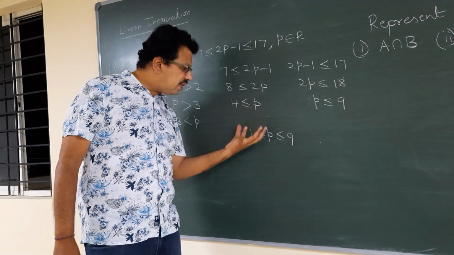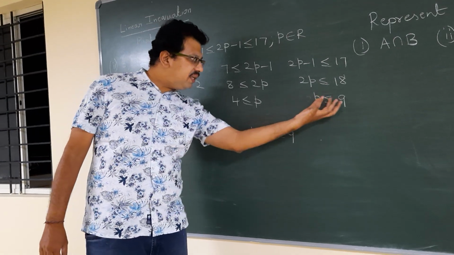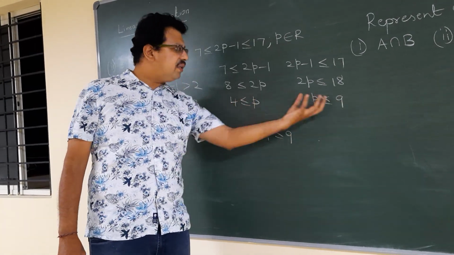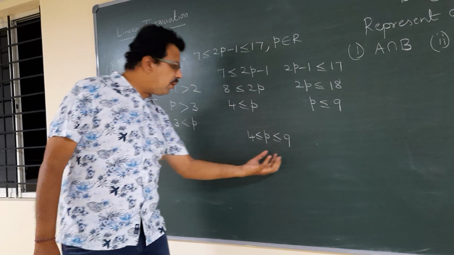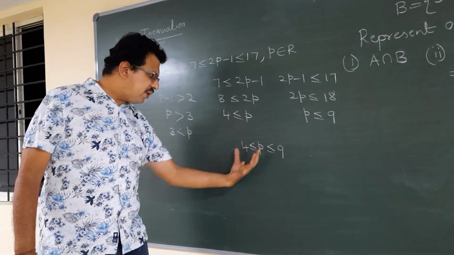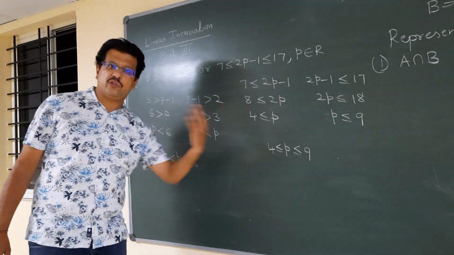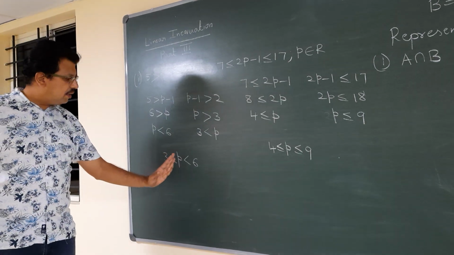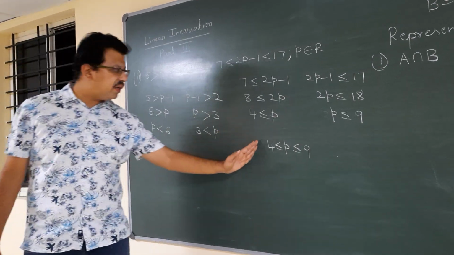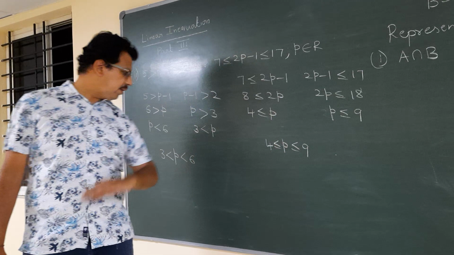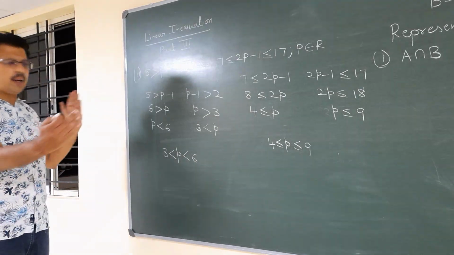I have written 4 is less than or equal to p first, then p is less than or equal to 9. Combining these two inequations, I have made it one more inequation, and you can see the children here, both the inequations: 3 is less than p less than 6, and 4 is less than or equal to p less than or equal to 9. So very clear, we have to combine.